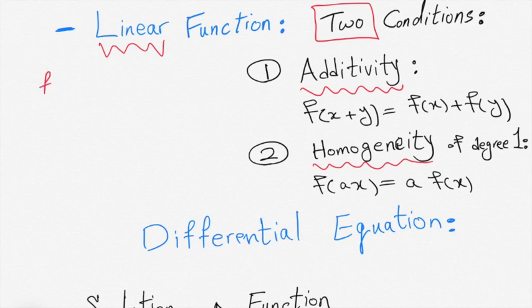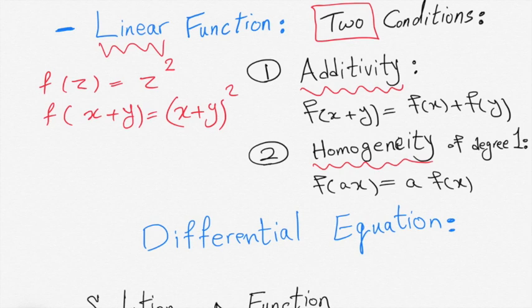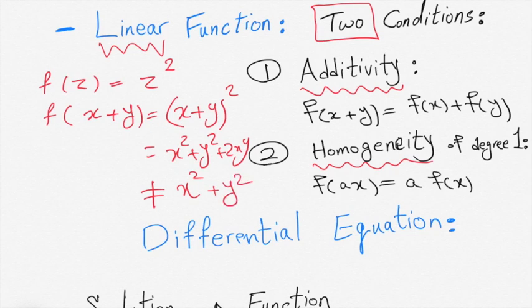For additivity, take a function like f(z) equal to z to the power 2. Then if you have something like f(x plus y), which is (x plus y) to the power 2, this is x^2 plus y^2 plus 2xy, which clearly is not equal to x^2 plus y^2.